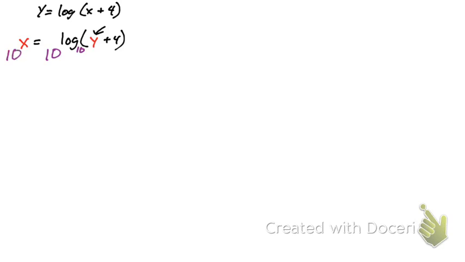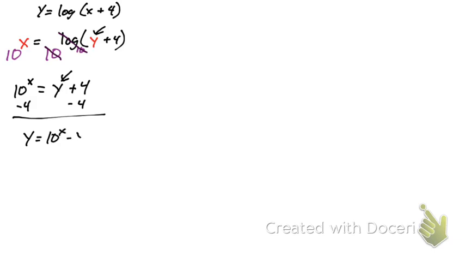So my logarithm base 10 is going to cancel out with my exponent base 10. That means I'm going to have 10 to the x equals y plus 4. I didn't fully solve for y yet. I need to get it by itself, so I'm going to subtract 4 on both sides. I end up with y equals 10 to the x minus 4.